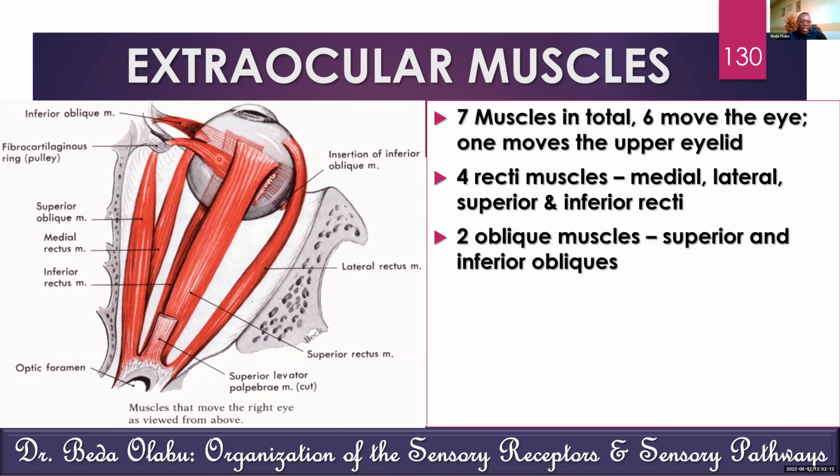And so that will make the eye rotate. If the eye rotates in such a way that the upper part goes medially, we call that intorsion. If the opposite happens, we call that extorsion. So 3 actions for superior oblique. It depresses the eye, it causes intorsion, and it causes abduction of the eye.